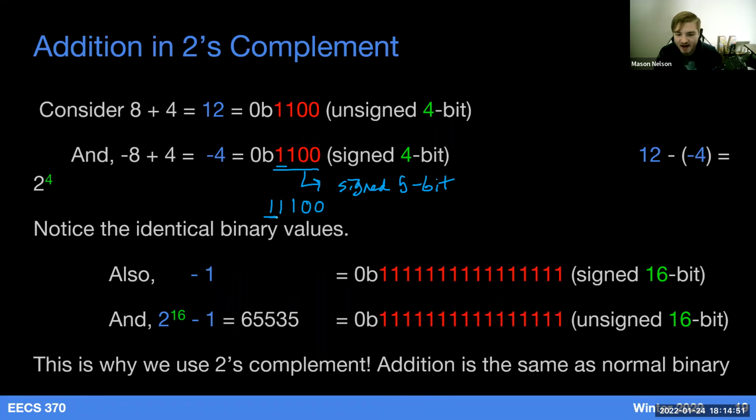And we're going to call this sign extension. But here's why it works. So let's just kind of box off this 100 at the end. We're going to assume that that's going to have the same value because it does. But in signed 4-bit representation, this place value was -2 to the power 3, right? And now that same place value is going to be 2 to the power 3.